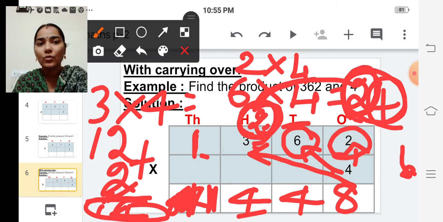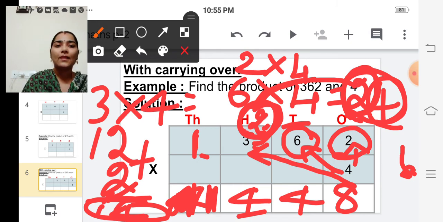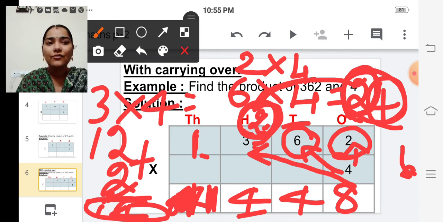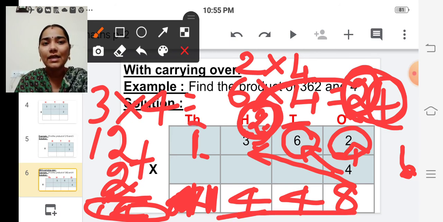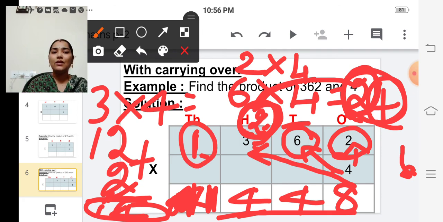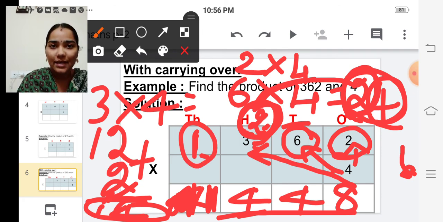Here we are having 1 only. So 1. Is it clear? So what is the answer? 1448. Is it clear children?